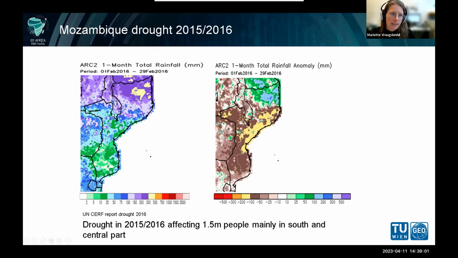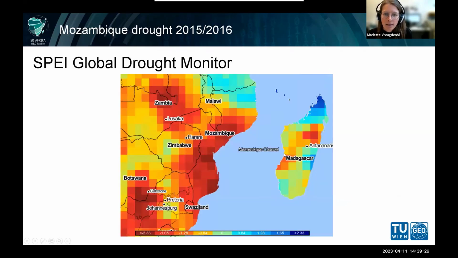We can already see that the total rainfall was relatively low in the southern and central part of Mozambique. And you can see very well that if you look at anomalies, there are very big anomalies in rainfall: in some areas there's 100 to 200 millimeters less rainfall than there usually is.